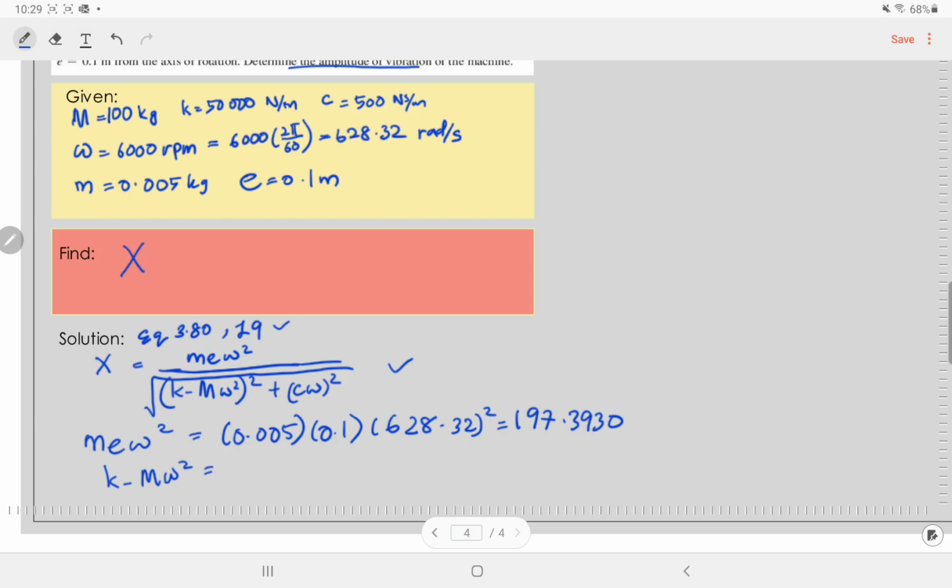You will have 50,000 minus your capital M, which is 100, times your omega, 628.32 square.